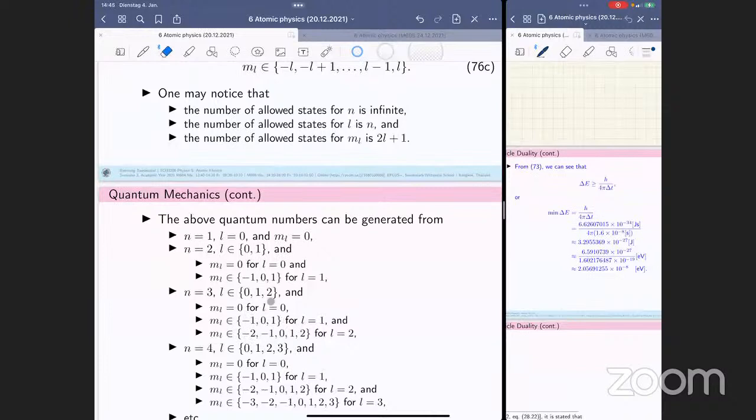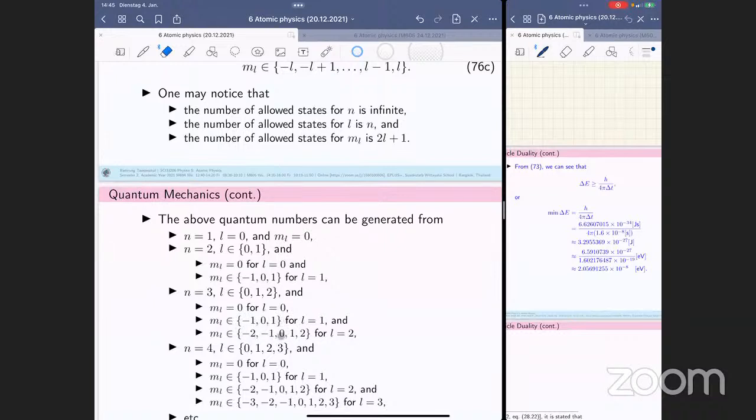But one additional case is when L equal to 2, you could start from -2, -1, 0, 1, 2. It's bigger than the previous one, because you start from -2 and end up at ML equal to 2.